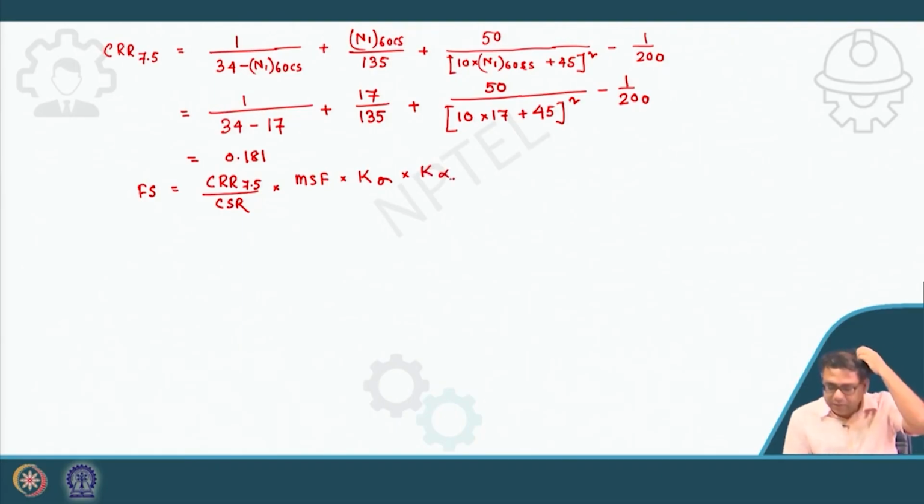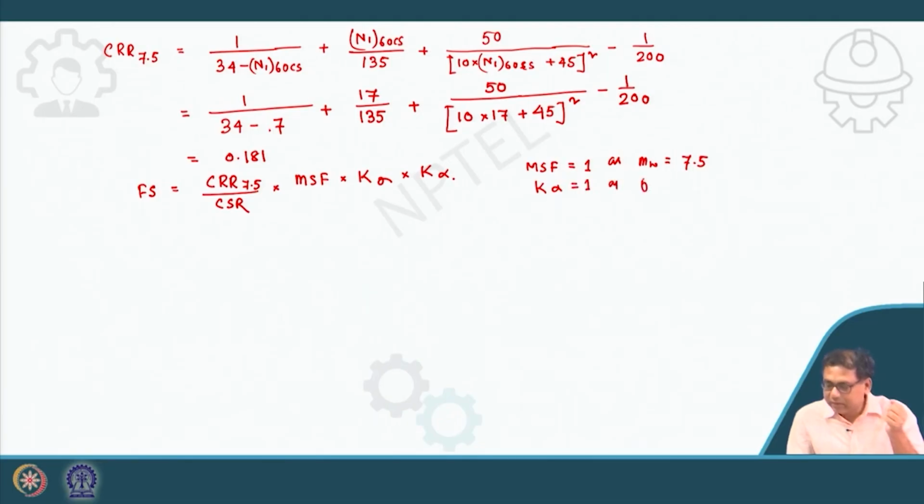Now here the magnification scaling factor is for 7.5 magnitude. So your magnification scaling factor is equal to 1 as MW itself is equal to 7.5. Now K sigma will be equal to 1 as sigma V dash, or V0 dash, is greater than 100 kPa.